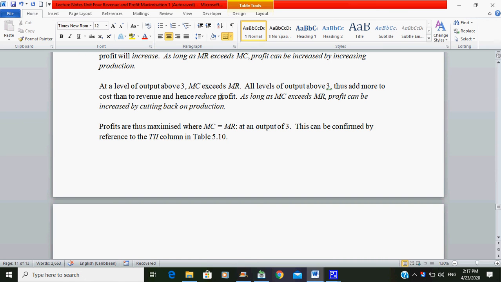As long as MC exceeds MR, profit can be what? Increased by cutting back on production. Profit is thus maximized where MC equals MR at an output of 3.